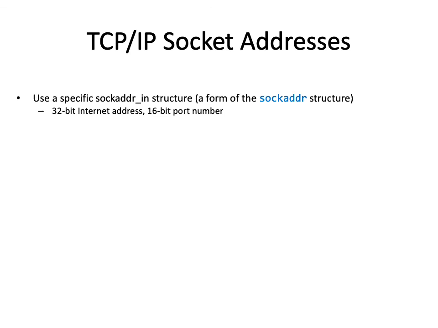For TCP/IP socket addresses, you can use the specific type of structure, sockaddr_in, for instance. This uses 32-bit internet addresses and a 16-bit port number. That's just how they work. Just look at examples of how this is done and copy and paste. If you're really interested, you can look into more information to customize this. But other than that, I'd suggest you just follow examples that you see online.